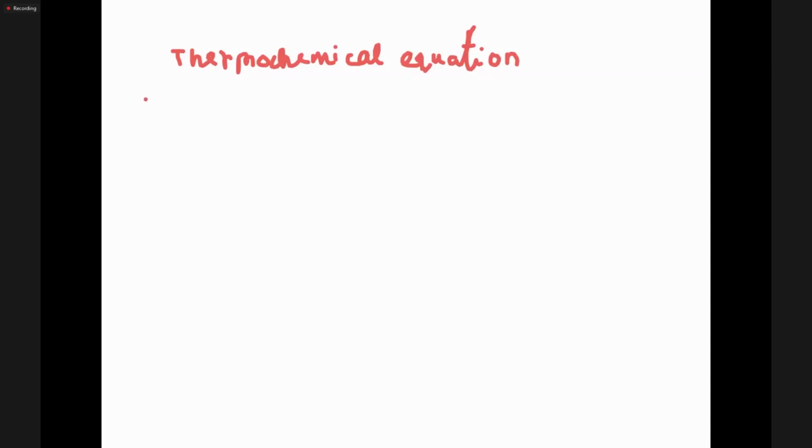So firstly, we need to have a chemical equation which should be balanced. And also, we have to mention the delta R H value of the reaction, that is the reaction enthalpy value. So, a balanced chemical equation together with the delta R H value is termed a thermochemical equation.